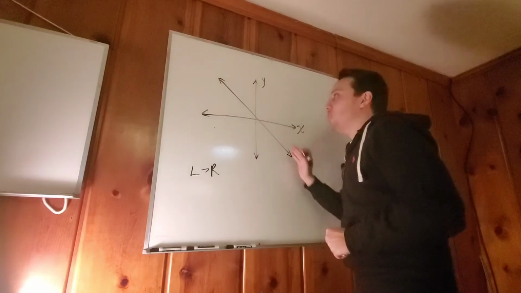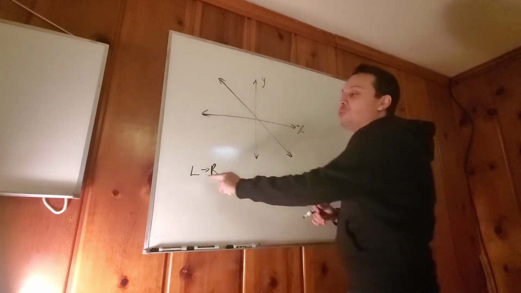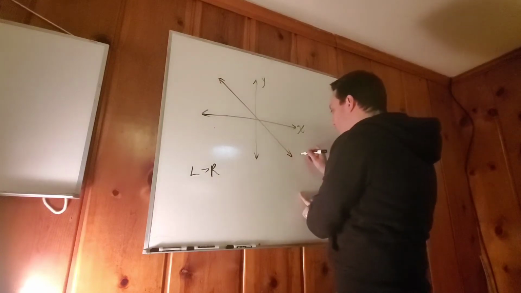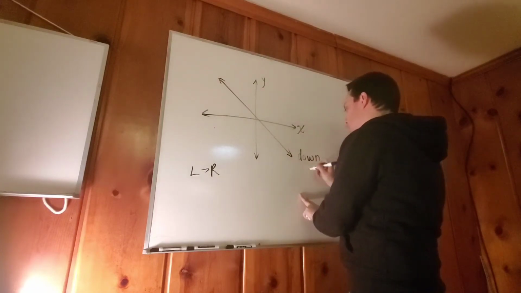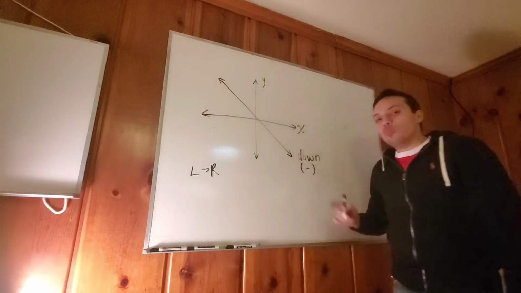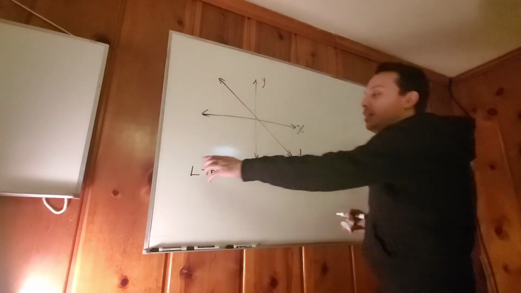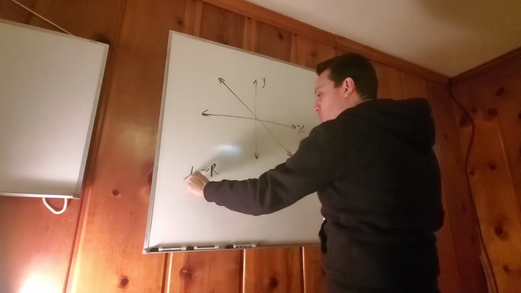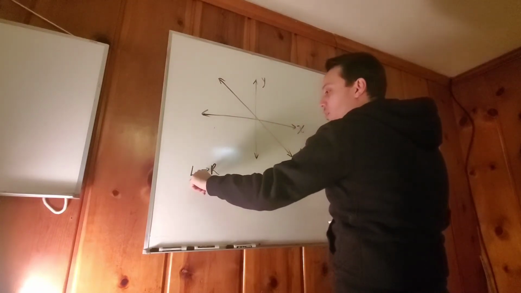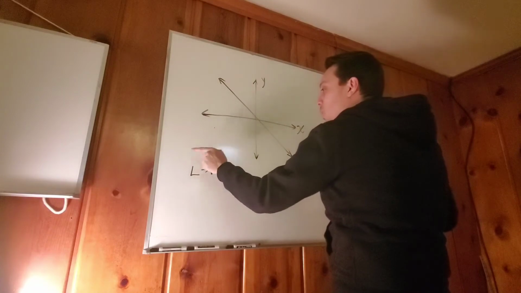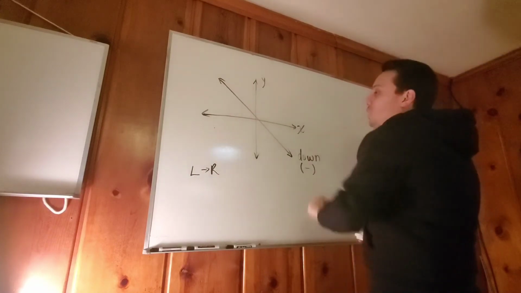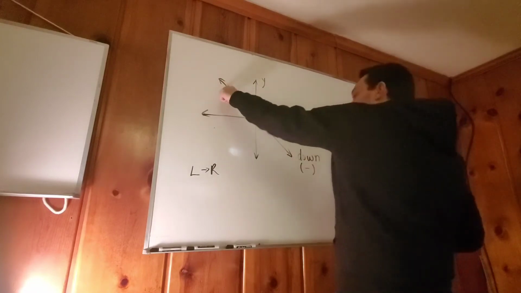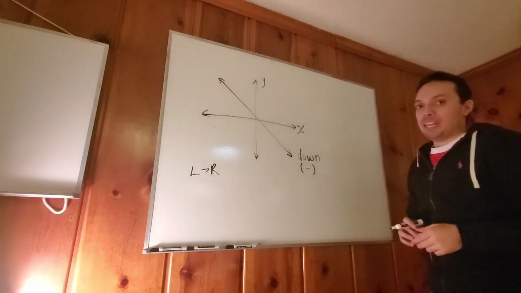No, that line is not going up, because if we read from left to right, it starts up and it goes down. The slope is negative because if we read the slope from left to right, it is going down. And always the slope is read from left to right. So if it's going from here to here, up, it's going to be positive. If it's going from here to here, down, it's going to be negative, all right?